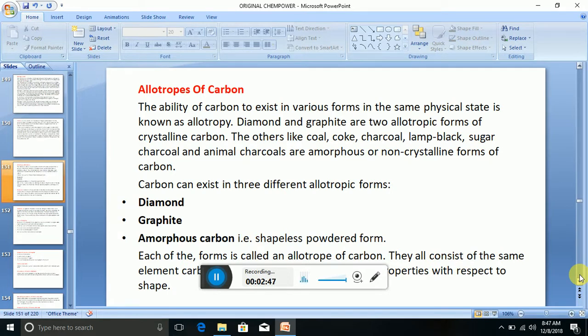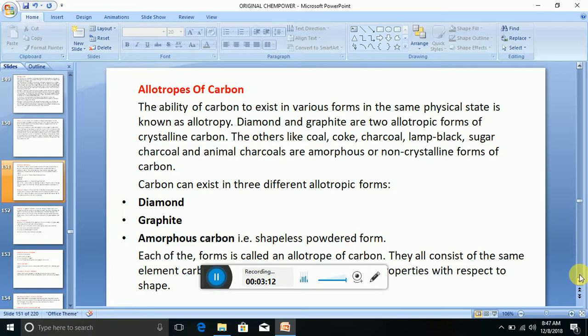Now let's look at allotropes of carbon. The ability of carbon to exist in various forms in the same physical state is known as allotropy. Diamond and graphite are two allotropic forms of crystalline carbon.